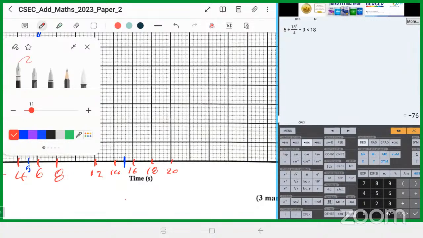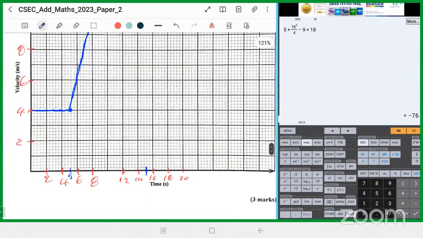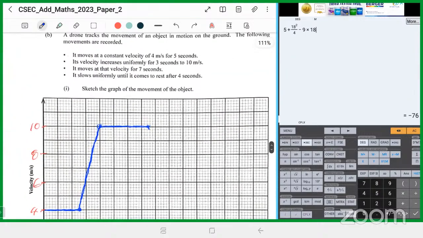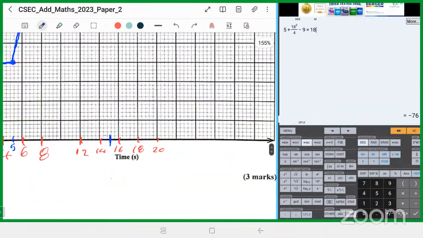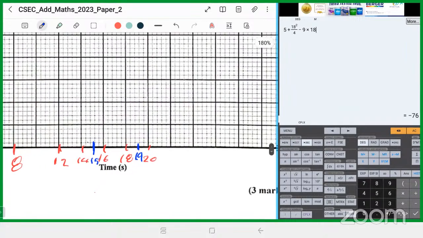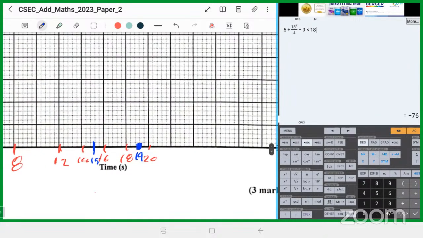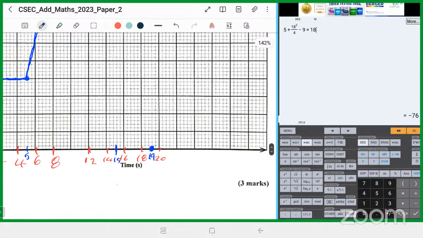So 4 more seconds from 15 takes us to 19, right there. So we're coming to rest at this point.